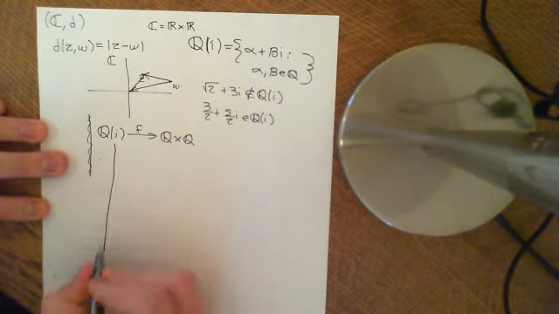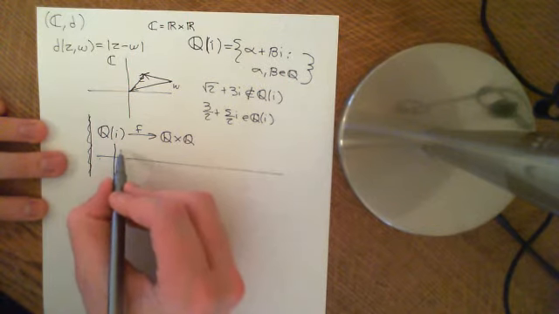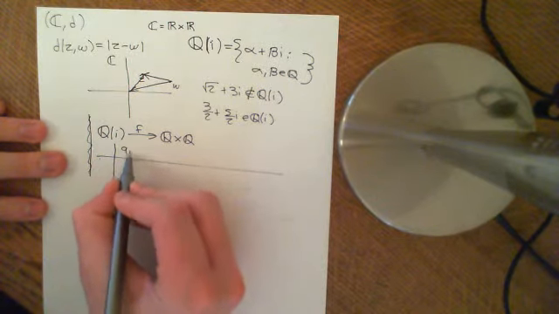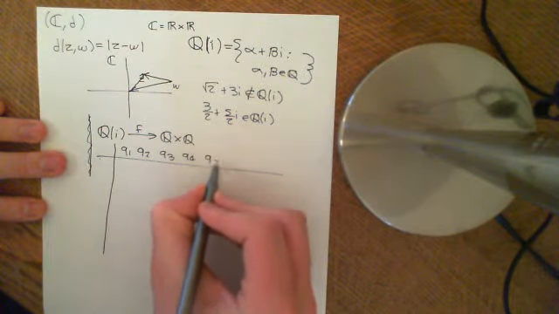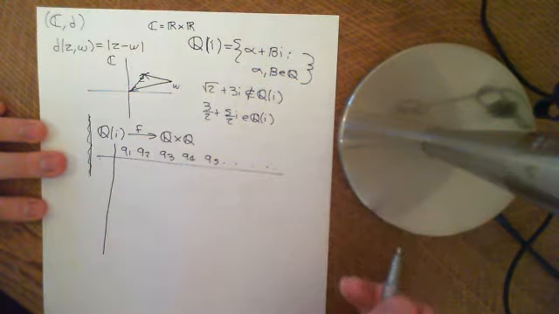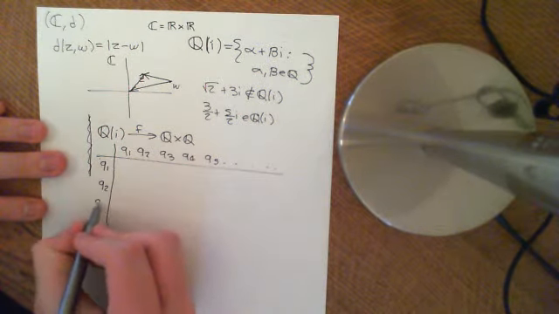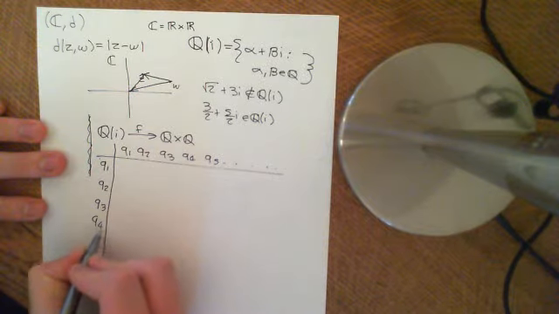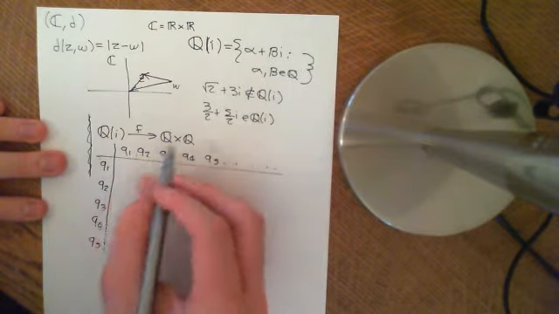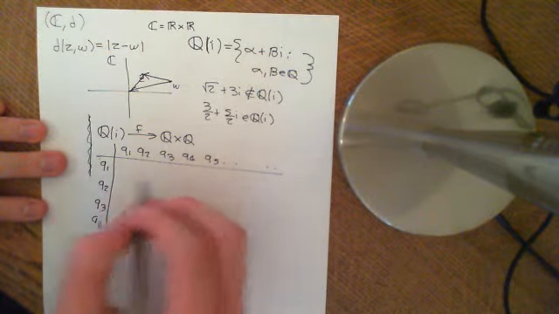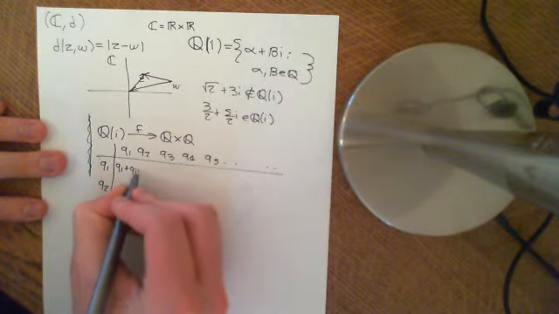So what I can now do is list every single rational number along here: q1, q2, q3, q4, q5, etc. You can list them all out because they are countable. Similarly, you can list them out again down here, q1, q2, q3, q4, q5. Then we can create the ordered pair, or you can think of it as creating q1 plus q1i.